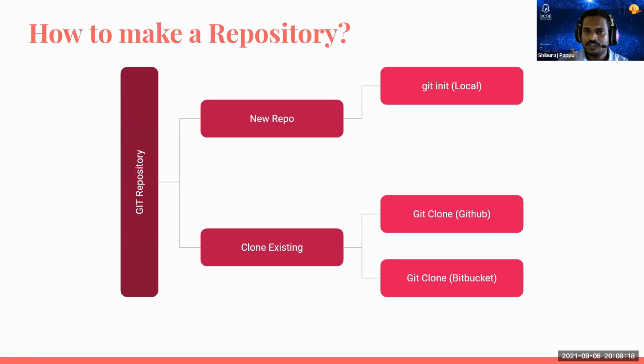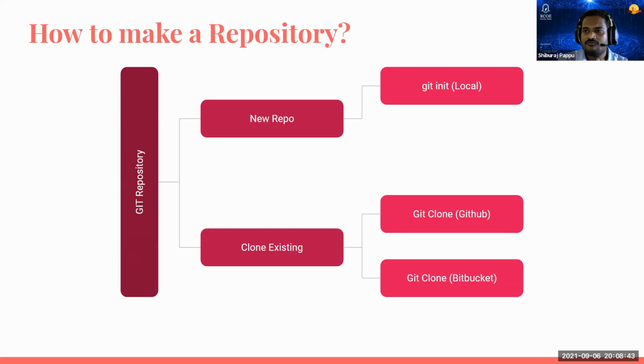To create a repository, there are multiple ways. You can create a completely fresh, brand new repository, or you can clone an existing repository. Cloning is very important because it is possible that in a group there are 5 people. The 5 members will not make 5 repositories.